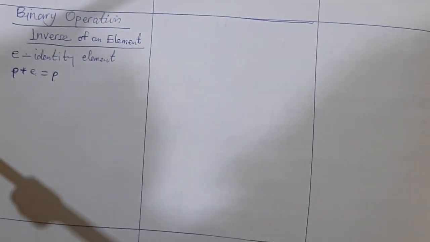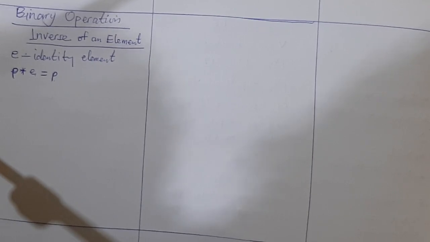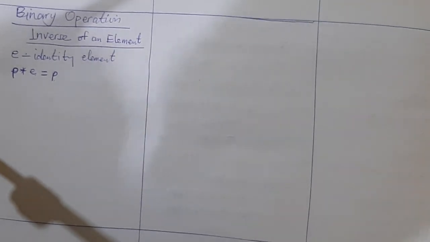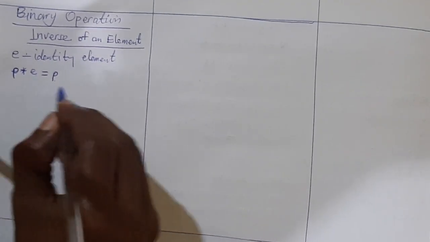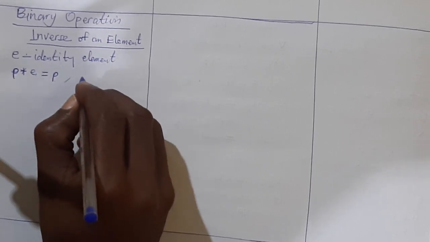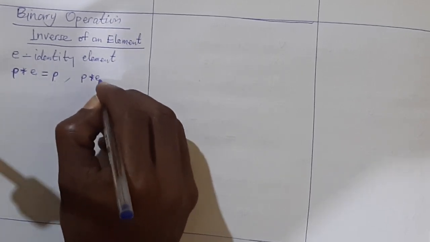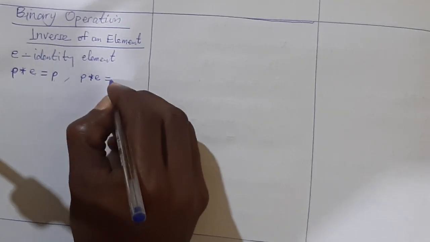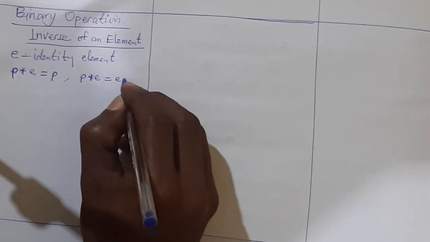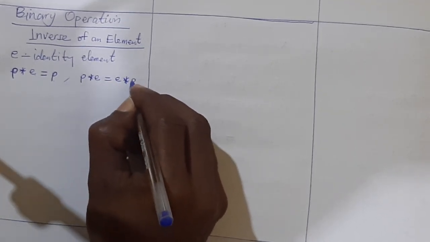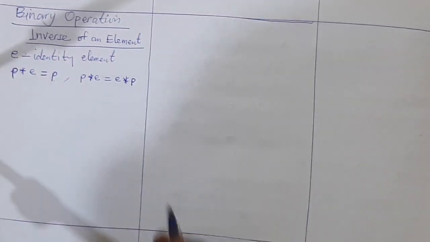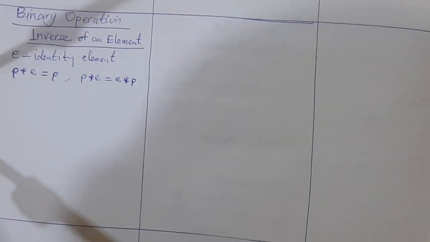We also state that in order to know if an operation has an identity, the operation must be commutative, which means that P operation E should be equal to E operation P, where E is the identity element.